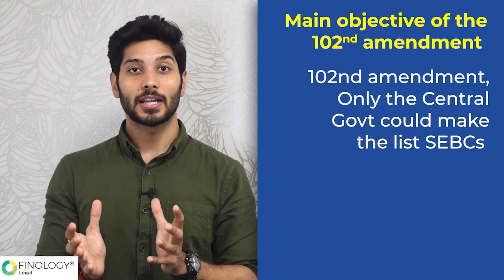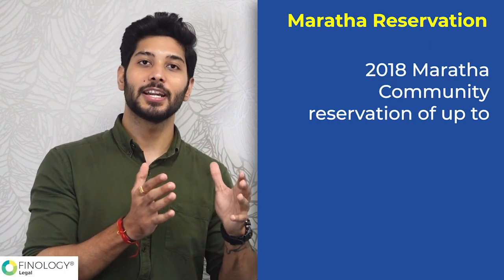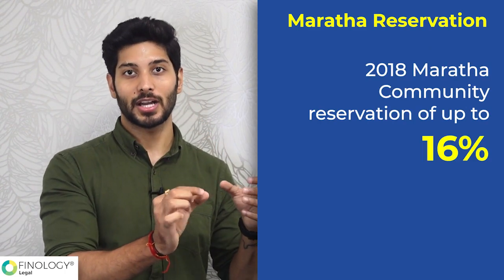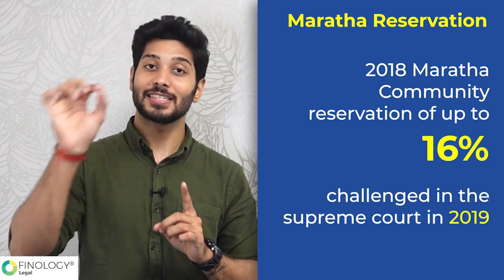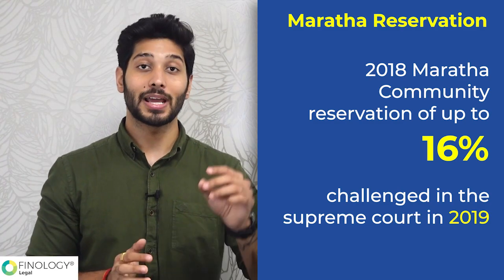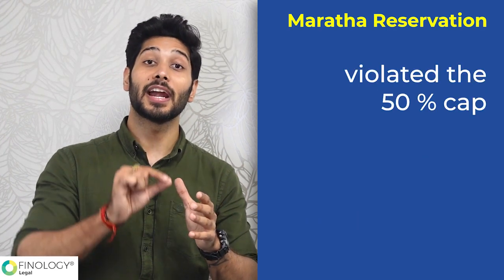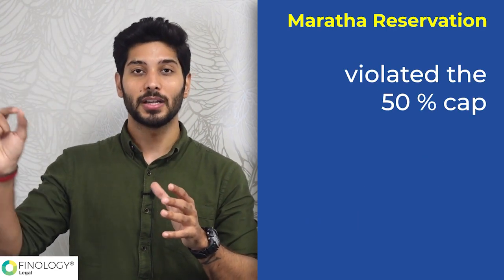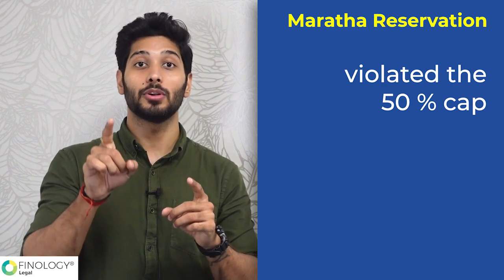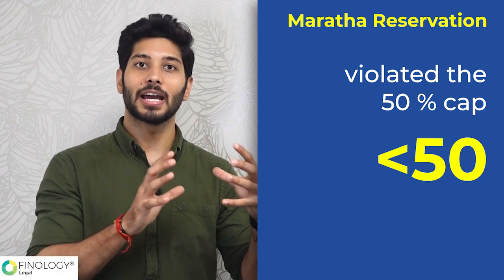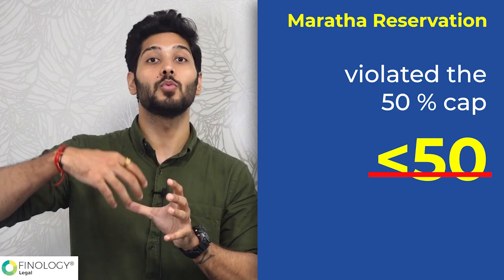Now, what was the Maratha reservation case? In the year 2019 itself, the Maharashtra government decided to give a 16% quota to the Maratha community. This was challenged in the same year in the Honorable Supreme Court, which said that if this reservation is provided, then the 1992 landmark judgment of Indra Sawhney, where the Court decided that there would be a 50% cap, meaning reservation cannot exceed 50%, would be violated.